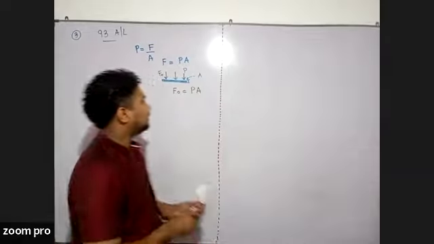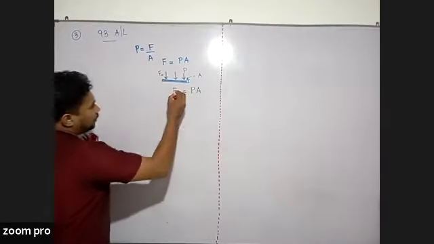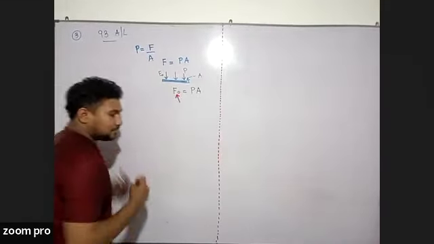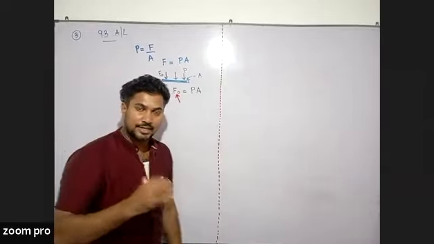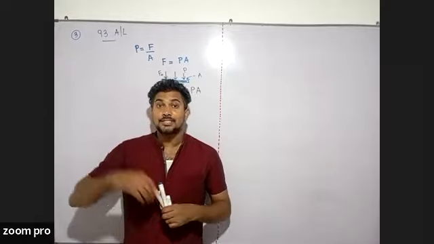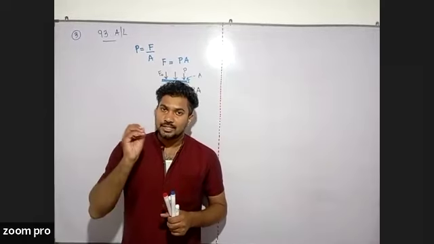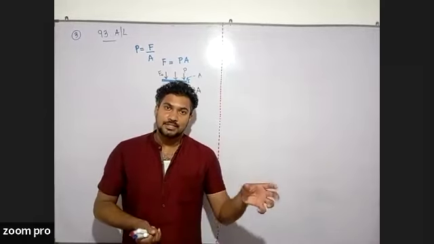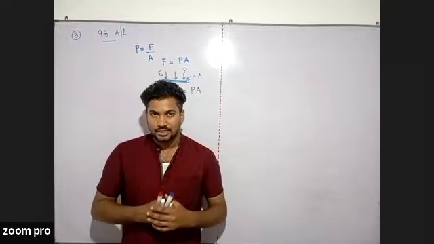On the other hand, guys, this force is always exerted perpendicular to the surface. That means the force exerted due to the pressure is always exerted on a particular surface in a perpendicular way, so keep that in mind.